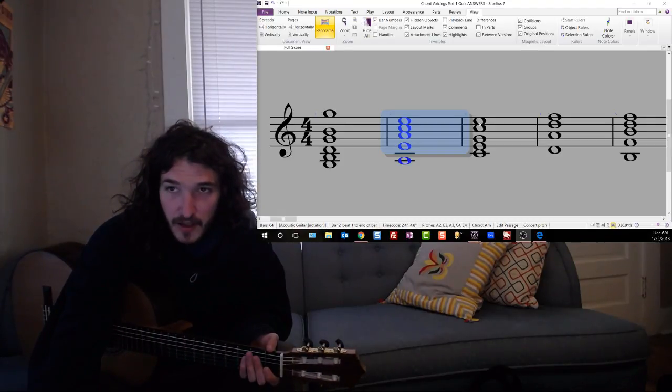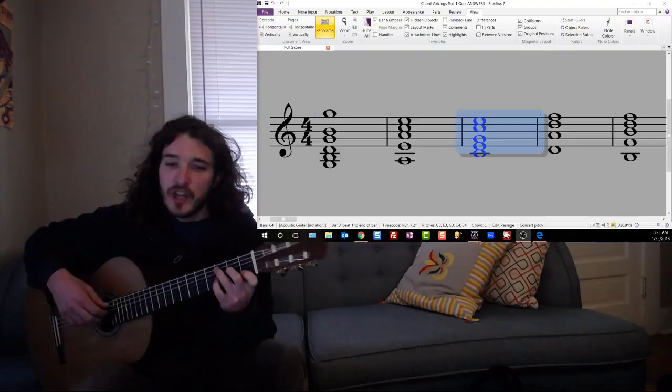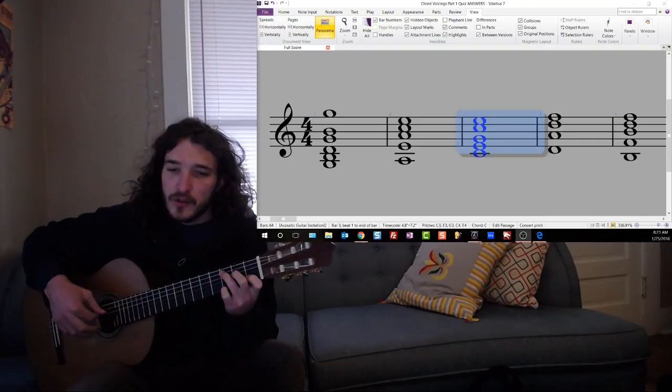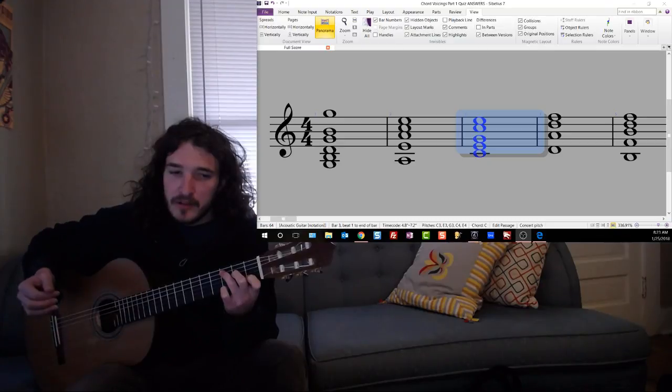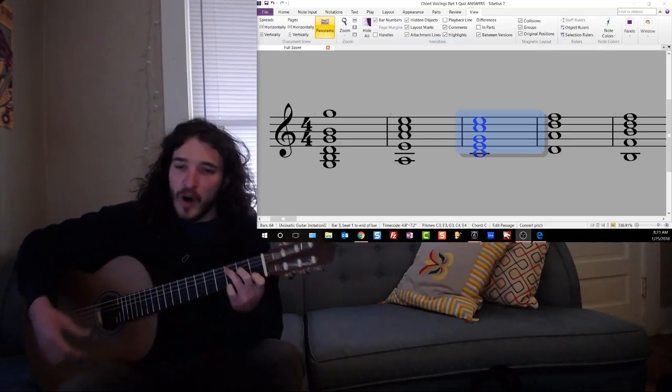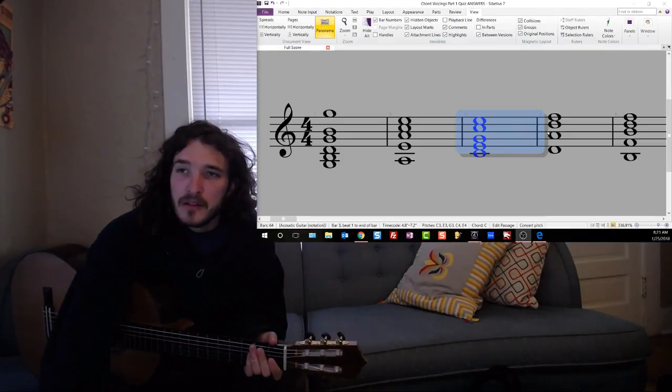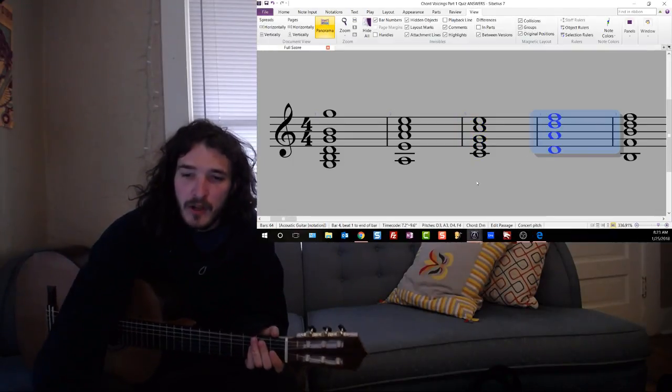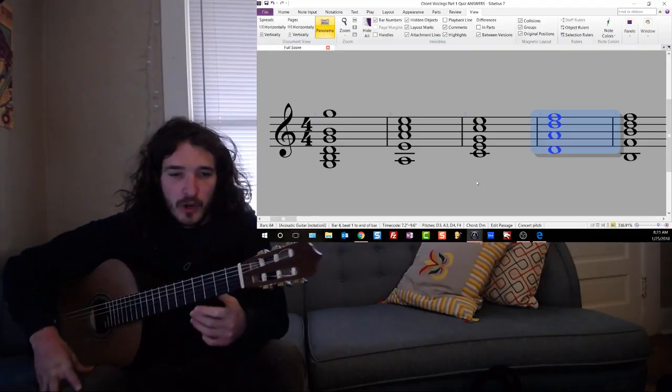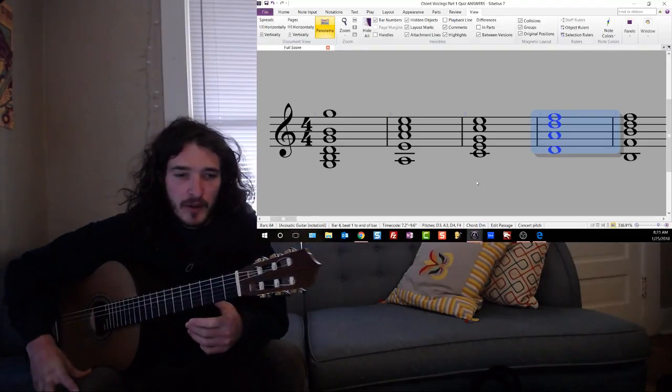All right, so next is C major. This is shape 1, 3, 3, 4, 3. Shape 1, that's our 1 chord. What's this next one? What is the chord name, Roman numeral, and voicing number?